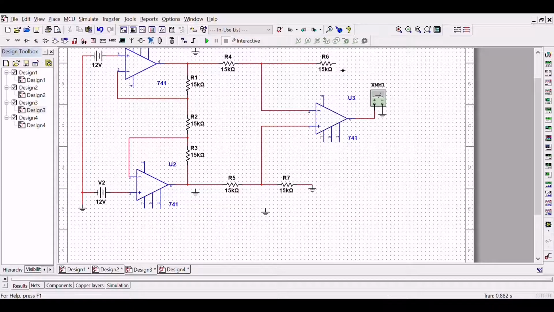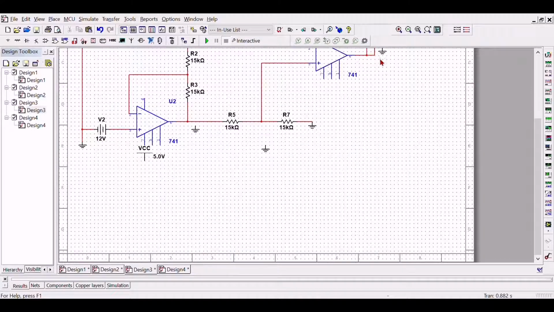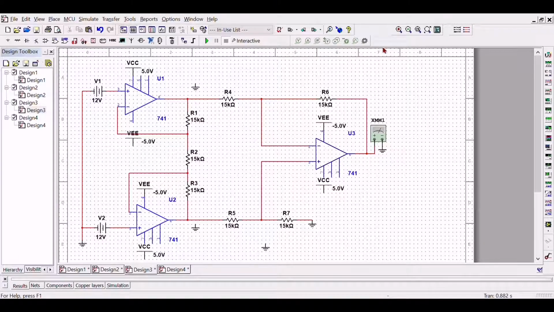This circuit consists of 4 outputs, which are V out 1, V out 2, V out 3, and V out node.